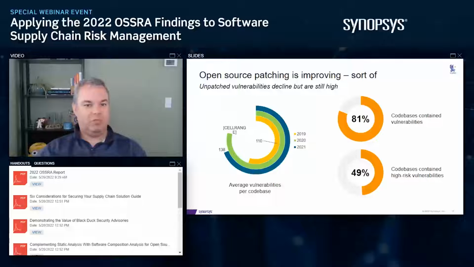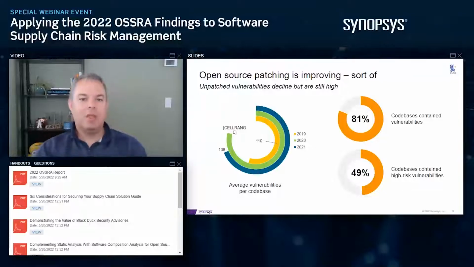Now, the patching, it's getting a little bit better. I love that cell range number on there. So that should read about 140. So we went from about 110 to 140 to 138 average vulnerabilities per code base.